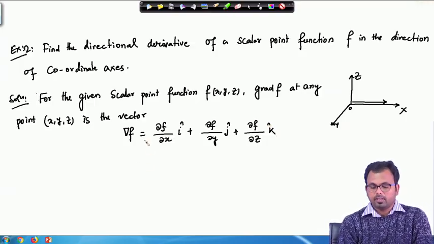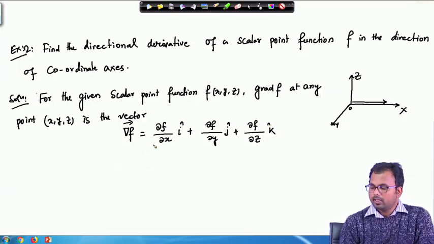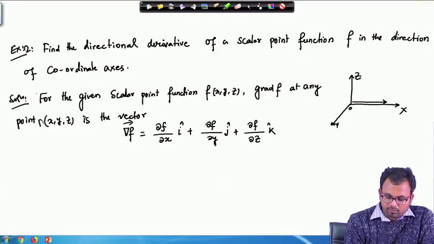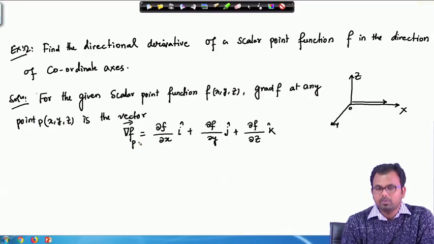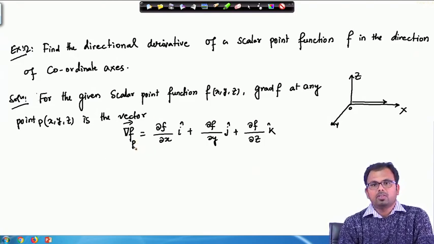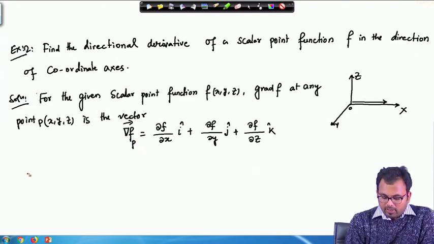All right. So, that is our gradient of f and at any point p. So, that point p is (x, y, z). So, this is the gradient of the function f at any point p (x, y, z).